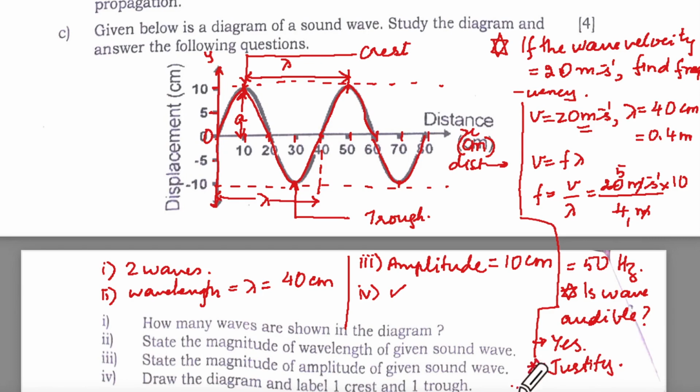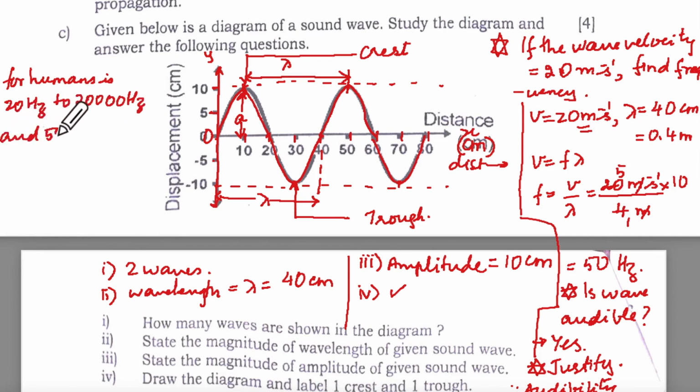So what will you say, since audibility for humans is 20 hertz to 20,000 hertz, and 50 hertz lies within it.